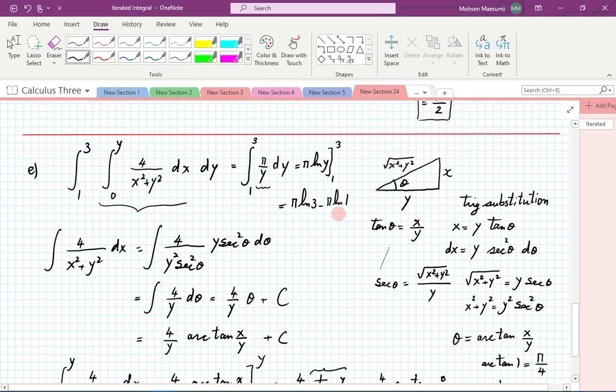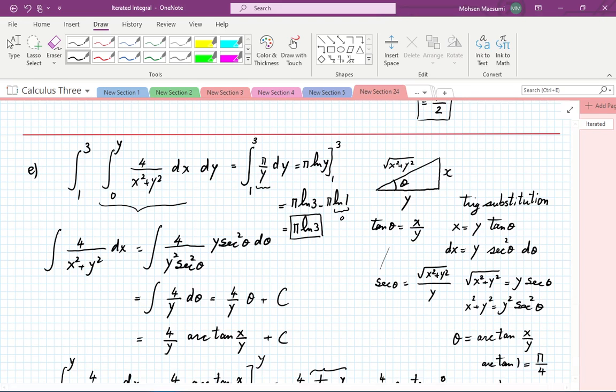One more thing we need to remember from pre-calculus: what was logarithm of 1? That was, of course, 0. So final answer, pi logarithm of 3. That expression, the double or iterated integral, boils down to pi logarithm of 3.